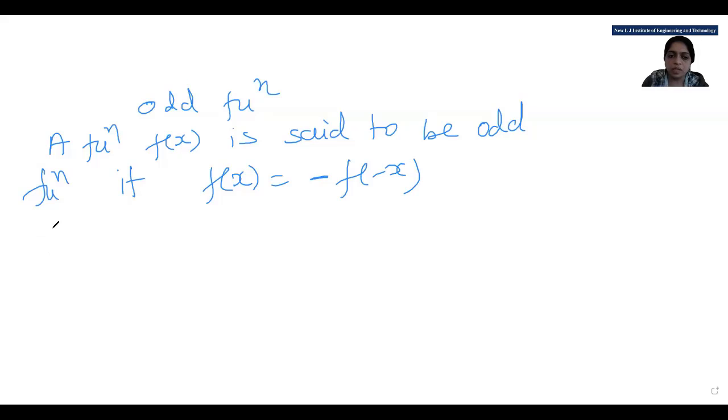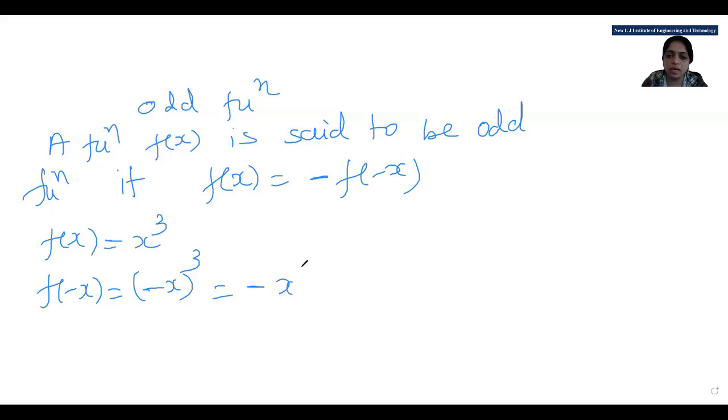It means if my given function f of x is x cube, now if I replace x by minus x, so minus x whole cube, and minus cube means our answer is minus x cube.